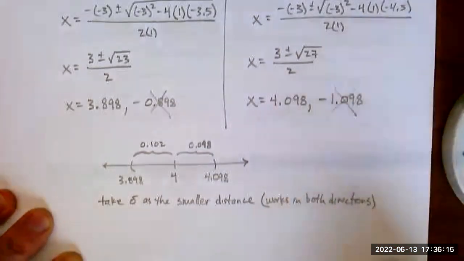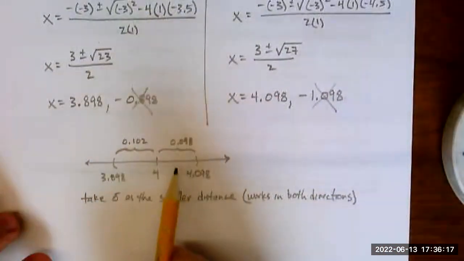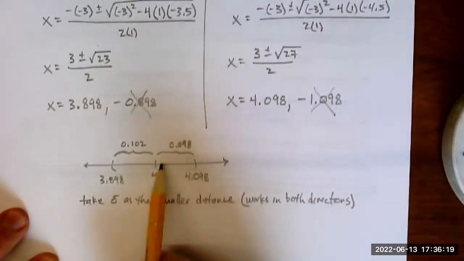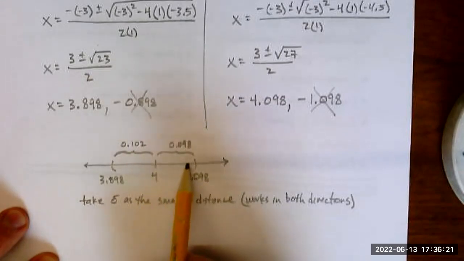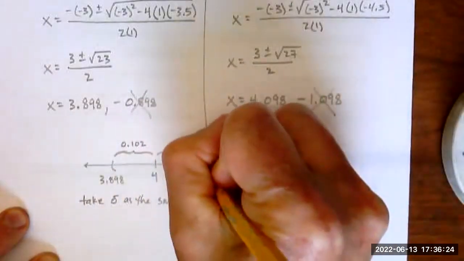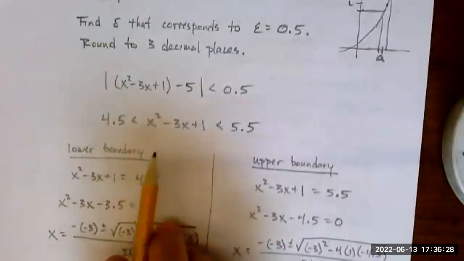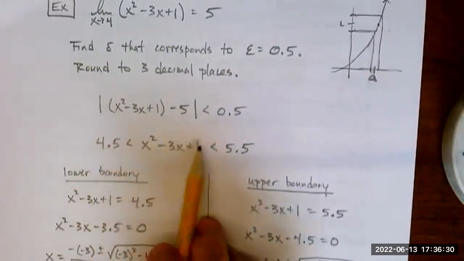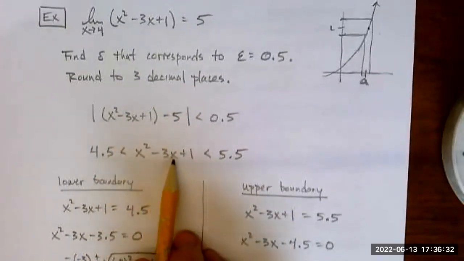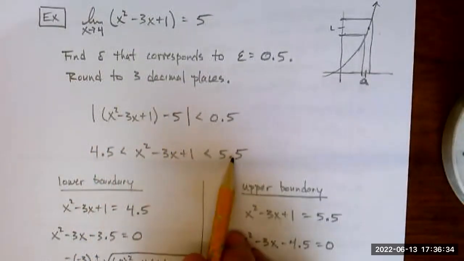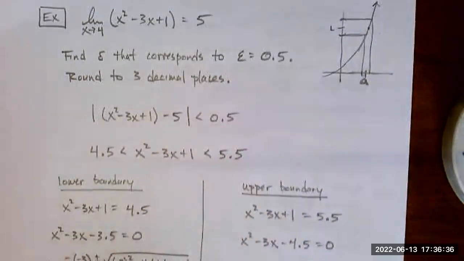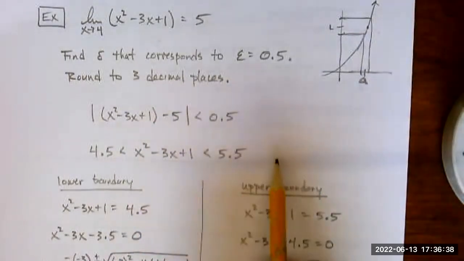What do I mean? If you take delta to be 0.098, then you can go all the way up to 4.098, and you will still get your function x squared minus 3x plus 1 to be right at 5.5, no problem. You did not go beyond 5.5.